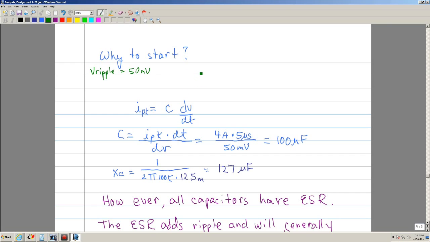So you can think in terms of this. You can say that the impedance, well, hang on, let me backtrack again. We said that the ripple is the I peak, or the AC, times the impedance.